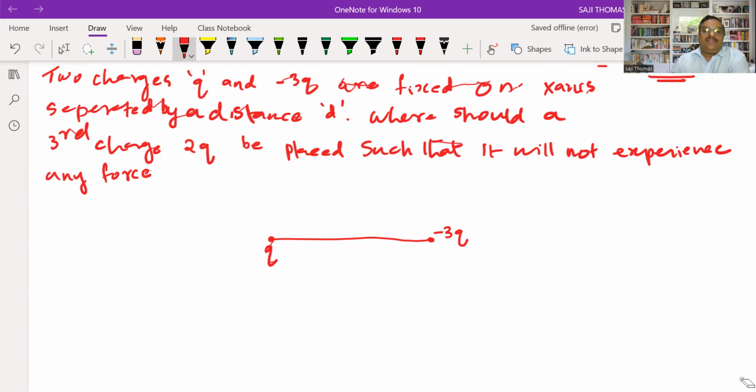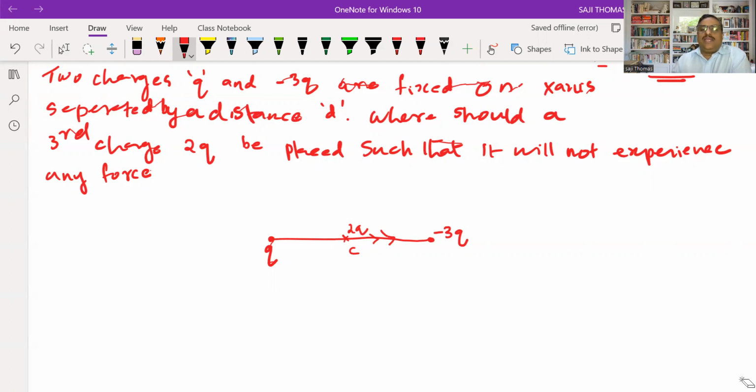Suppose you place the charge 2Q here. If you place it at this point, minus 3Q attracts it, this plus Q will repel it. So total force will not be zero because both the forces are in the same direction.